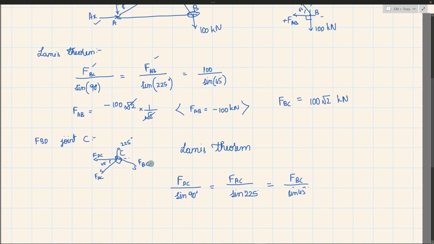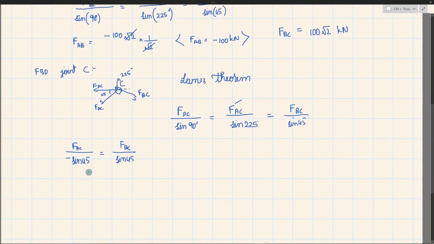So if I'm considering FBC, the angle between the other two forces is 45 degree. Similarly for all of this, so the unknown force that we need to find is FAC. I'll equate to that. FAC divided by minus sine 45 is equal to FBC divided by sine 45. Okay, so sine 45 and sine 45 is cancelled.